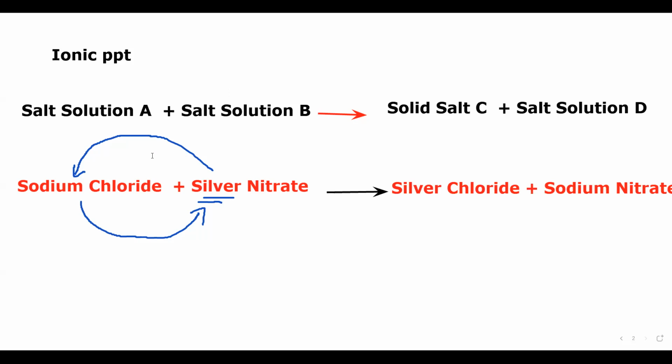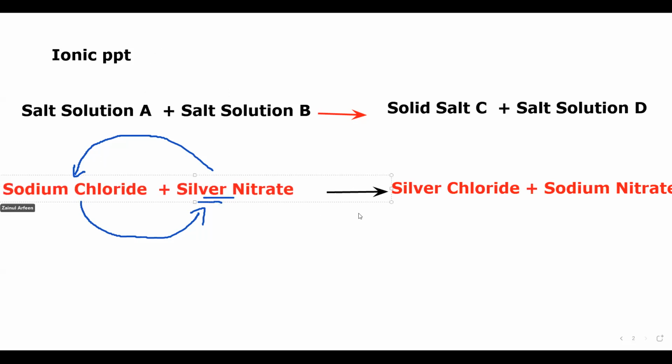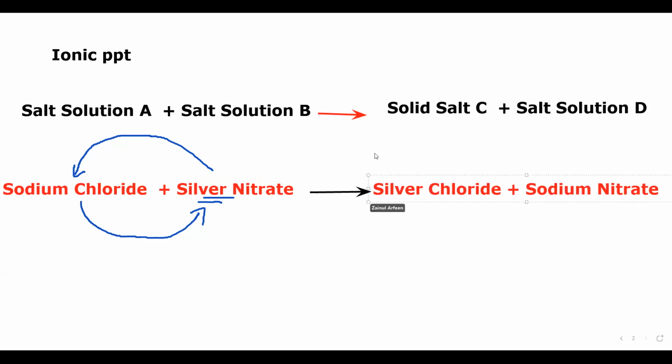So sodium chloride plus silver nitrate, when they react with each other, result in the formation of silver chloride plus sodium nitrate. How do we identify the state? You have to recall the table. Most chlorides are soluble except silver, mercury, and lead.